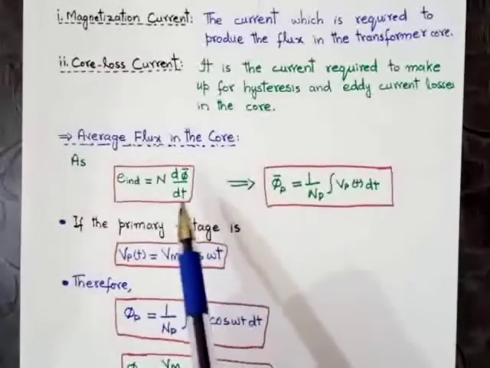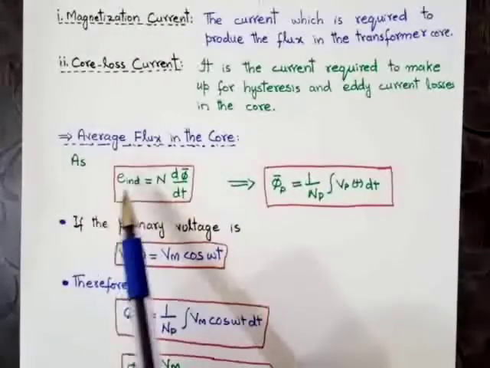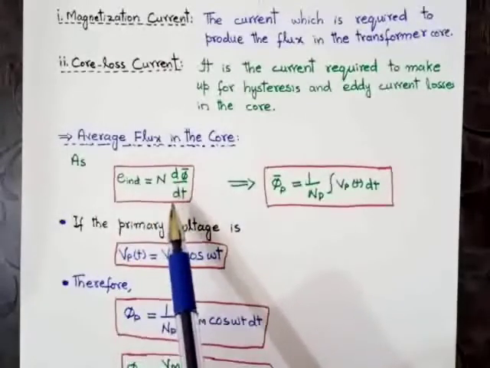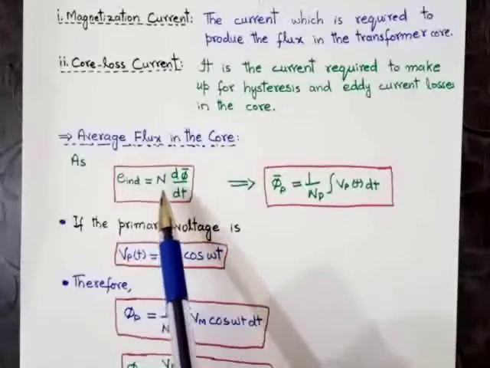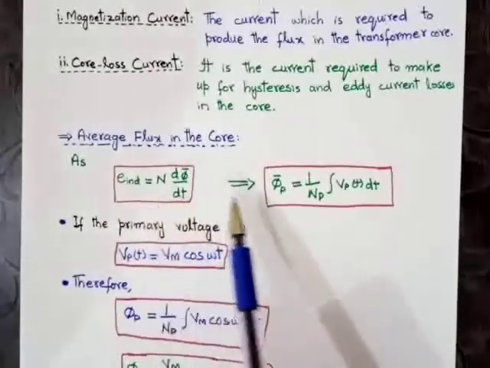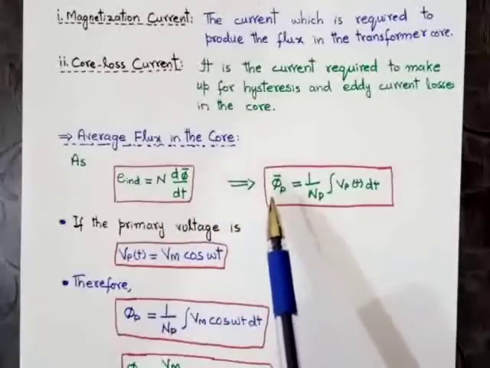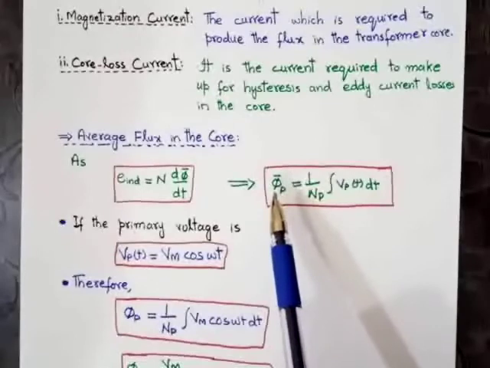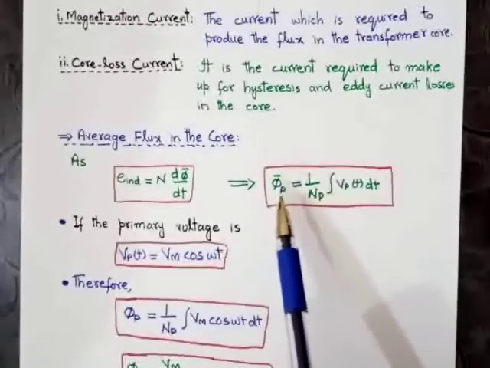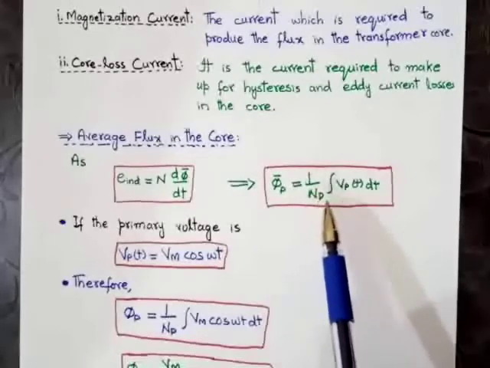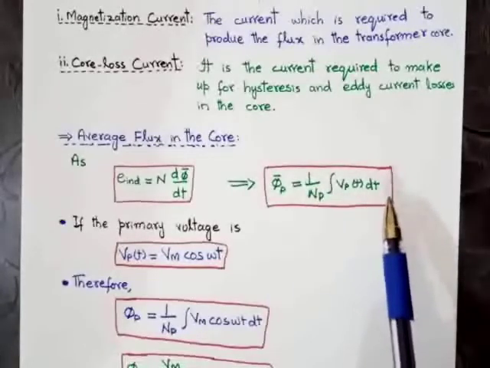And as we know, according to Faraday law, induced voltage is equal to N times d phi dash over dt. After taking the integral of both sides of this equation, we can derive the equation of average flux due to the primary circuit, which is 1 over Np integral of Vp dt.